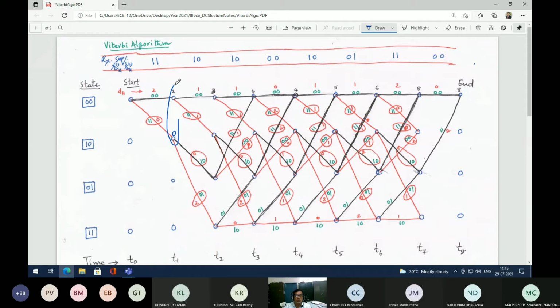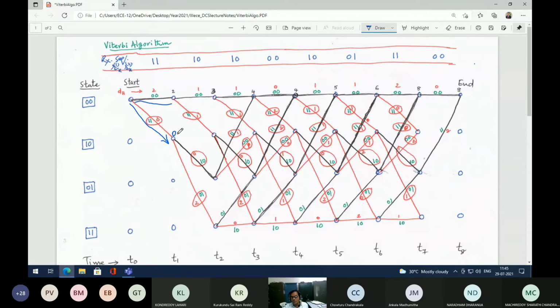Now if you compare 2 and 0, which is the minimum? 0, sir. So the moment I start, I have to start this way. I don't go this way. Why? The Hamming distance is large here as compared to this.